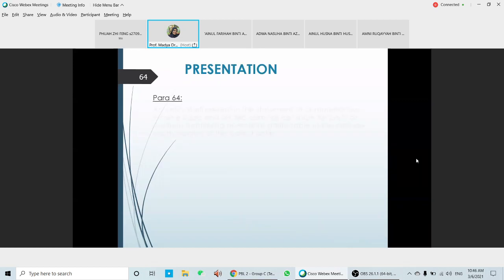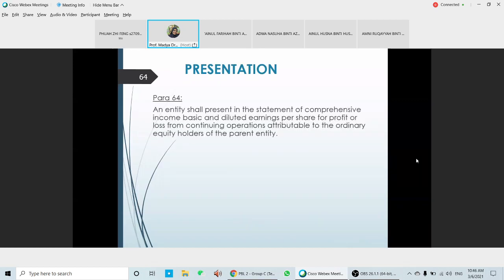Okay, so for the presentation here, the entity shall present in the statement of comprehensive income both basic and diluted earning per share for a profit or loss from continuing operations attributable to the ordinary equity holders of the parent company. So the profit that we use here is profit for parent from continuing operations.